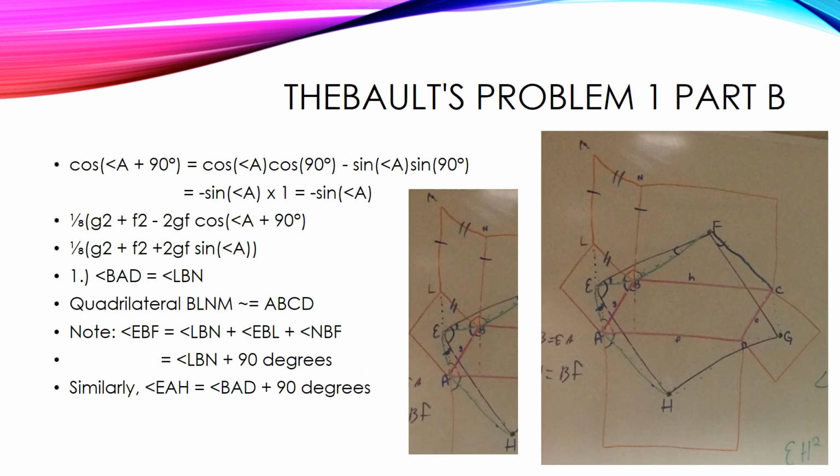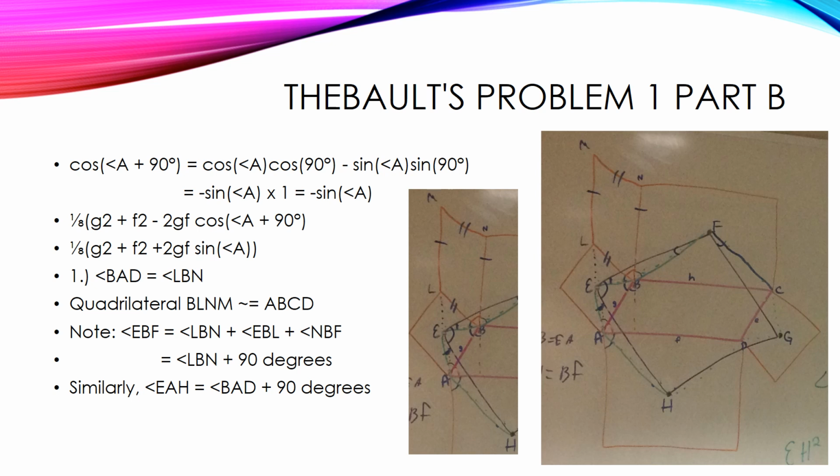Alright, continuing on. So by using one of the angle sum trigonometric identities, cosine of angle A plus 90 degrees, it forms this expression. This is a new way to rewrite it. And so if we were to plug it in from our original, let's show where we get this from.